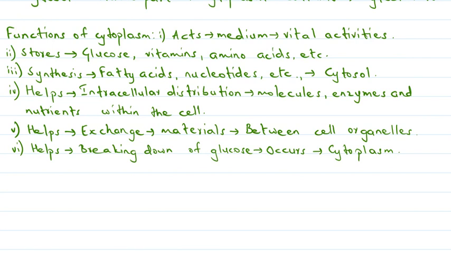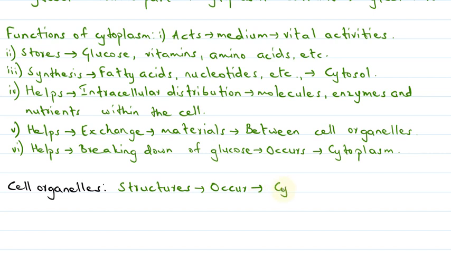Now let's move on and understand what are cell organelles. We already studied that these cell organelles are present in the cytoplasm, that is, they float in the cytoplasm. A number of structures which occur in the cytoplasm are called the organelles or the cell organelles.